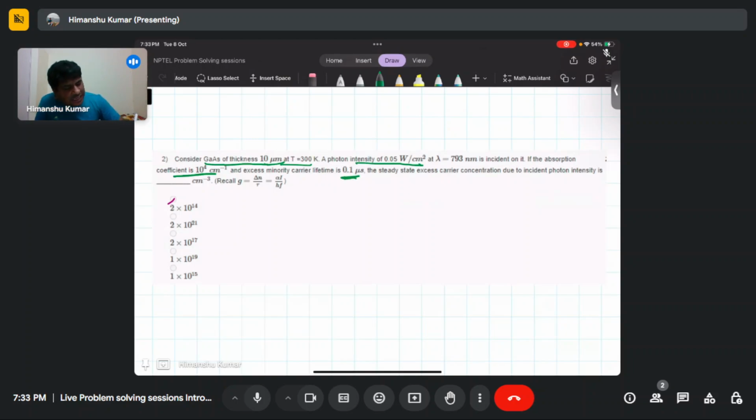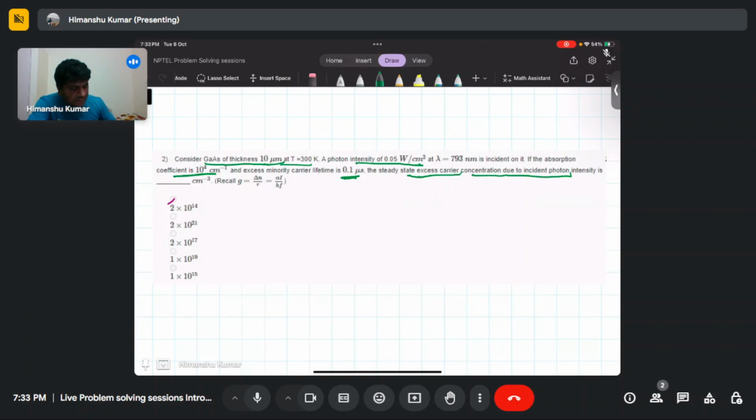Then the steady state carrier concentration due to the incident photon intensity is how much? The excess concentration due to incident photon energy is given by this.